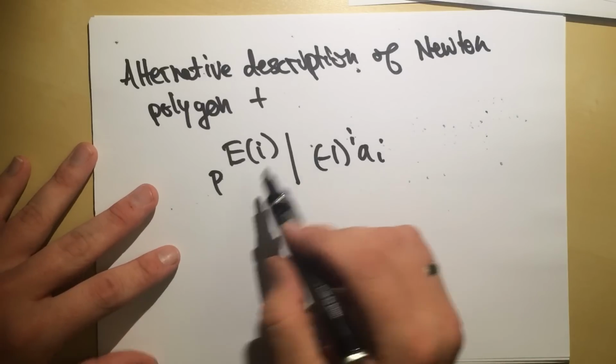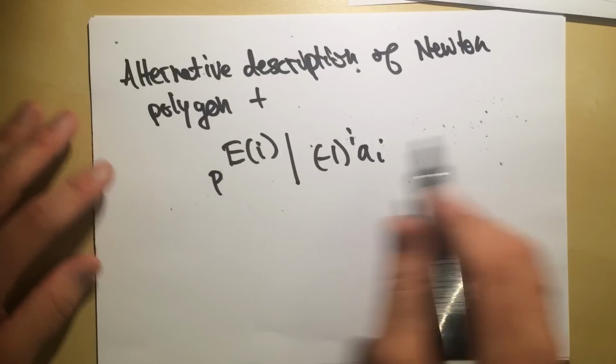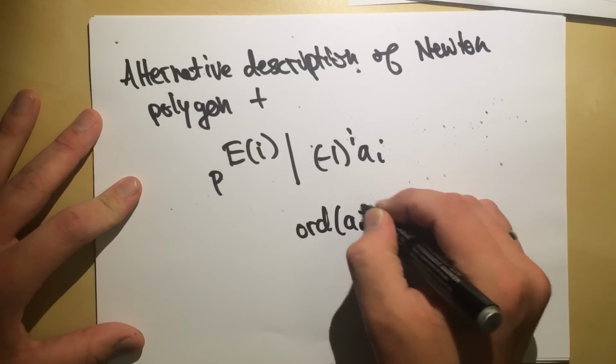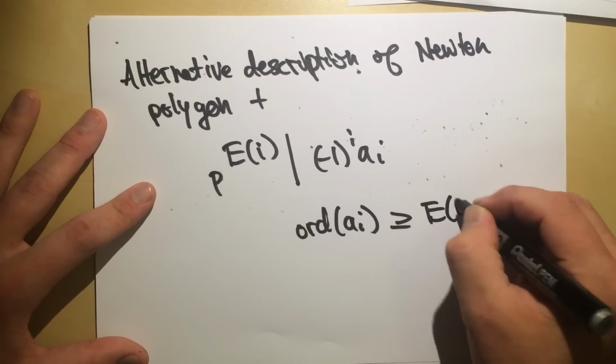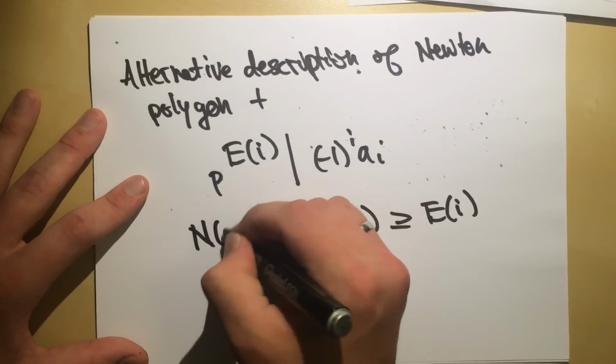So the order of a_i is bigger than or equal to ei, and this is above the Newton polygon here.